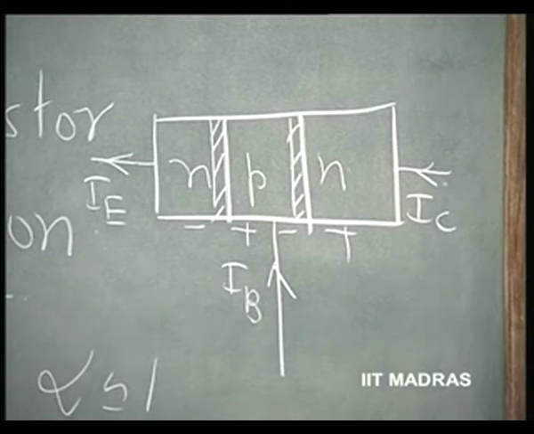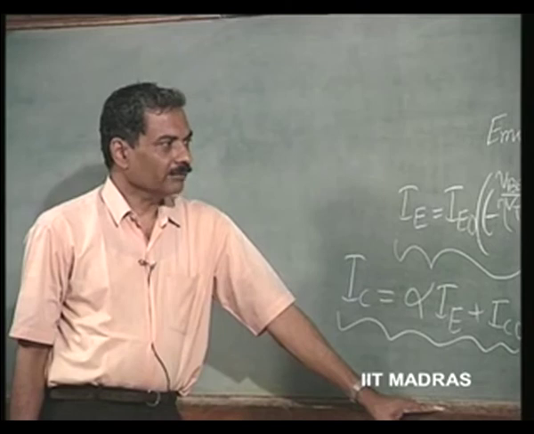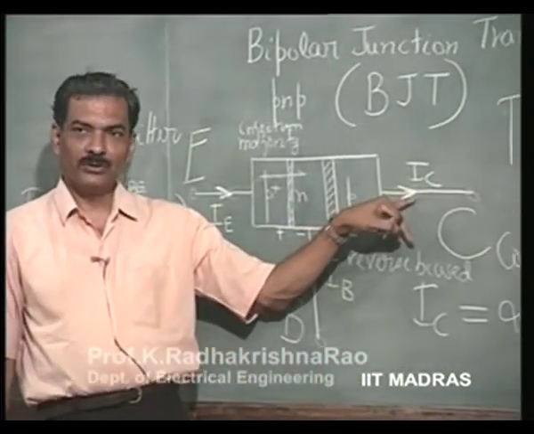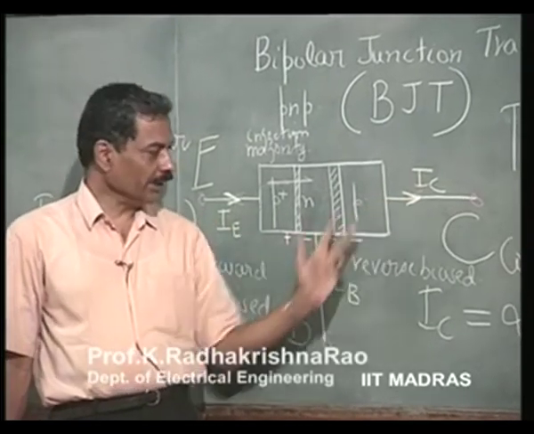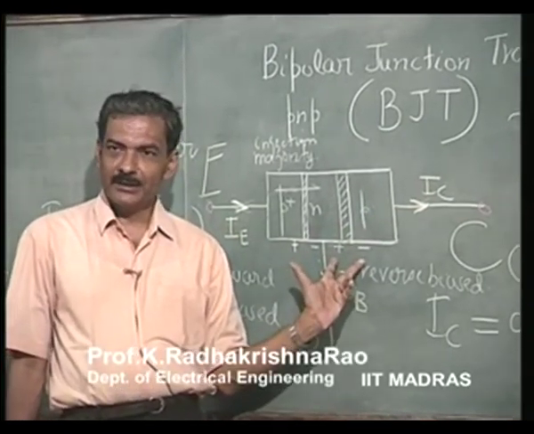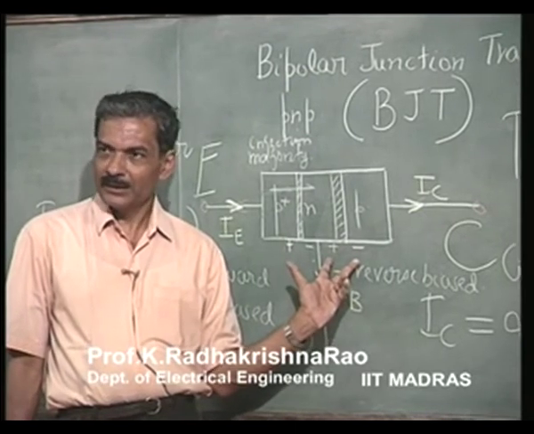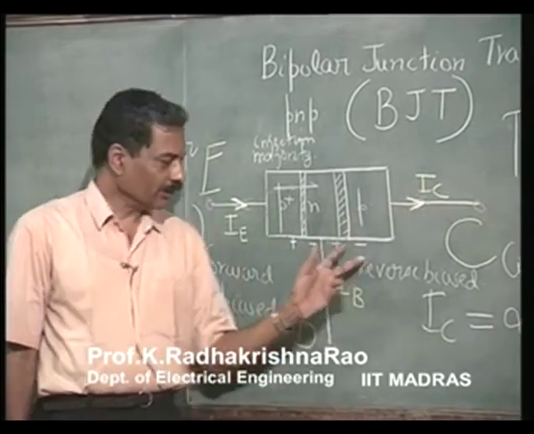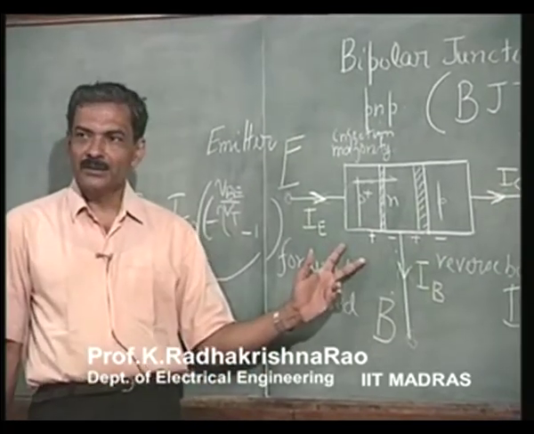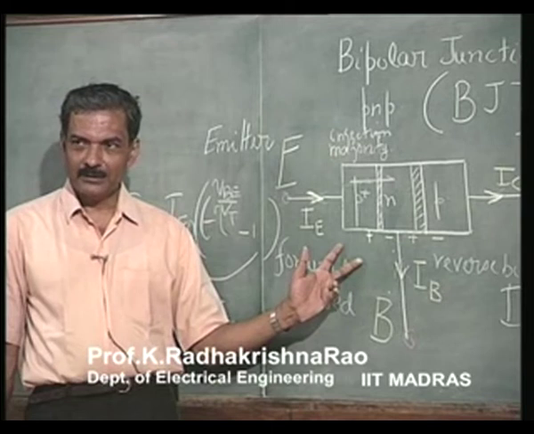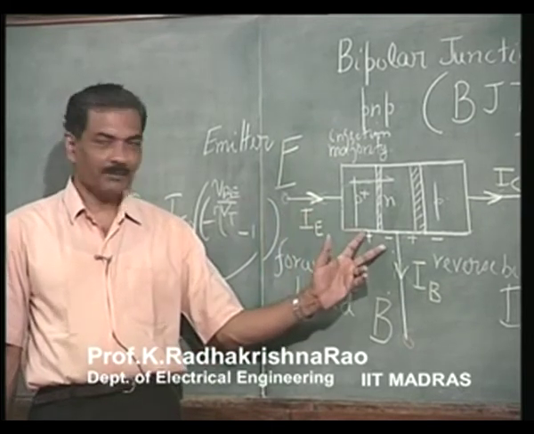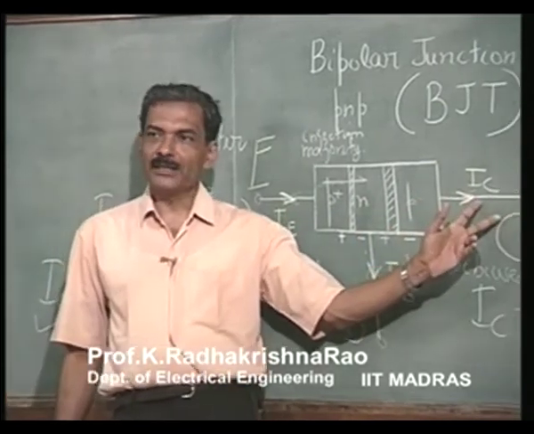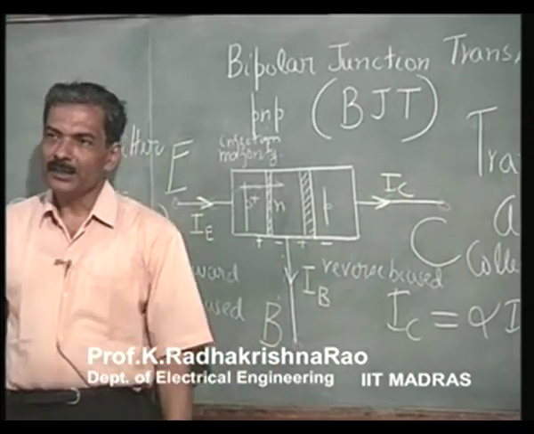If we understand this, then we have what is called a current source, which is totally independent of the voltage that is applied here. The reverse bias is not determining what the value of the current should be. That current is totally determined by the emitter base voltage that you are applying, and I_E is fixed by the emitter base voltage at the input. This I_E is now flowing at the output, and you can connect it to any load.